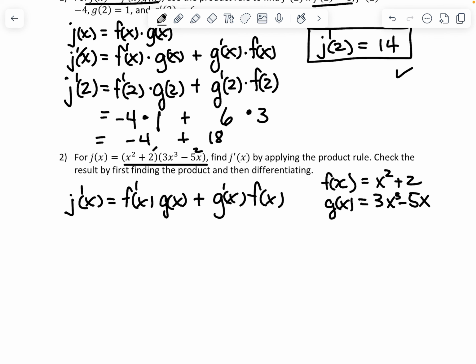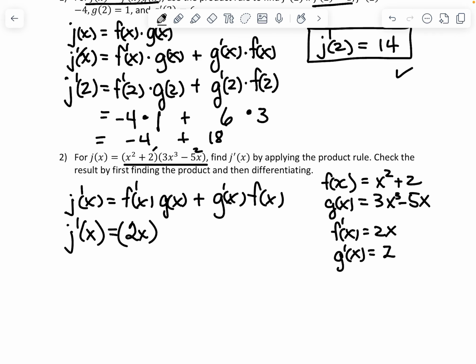And that way it'll stay a little straight for you. All right, so we will find j prime by applying the product rule. Here we go. J prime of x is equal to, we're going to find f prime, so that's just going to be 2x. And then g prime of x is going to be 27x squared minus 5.